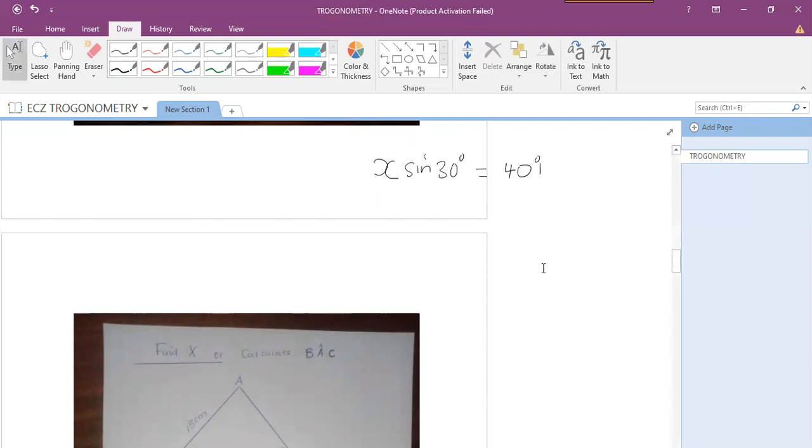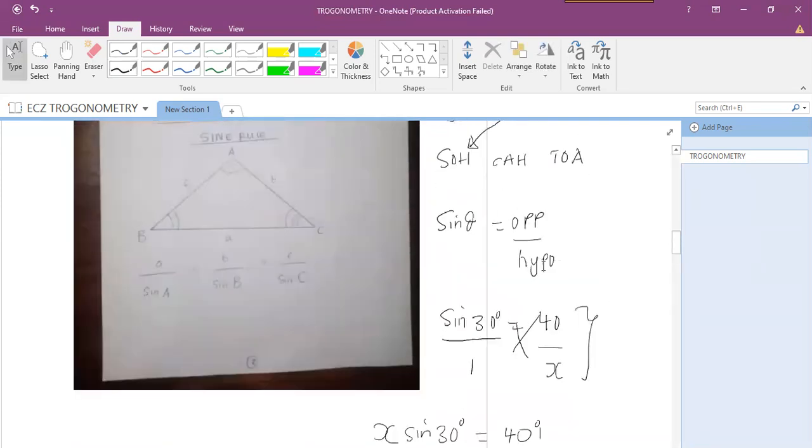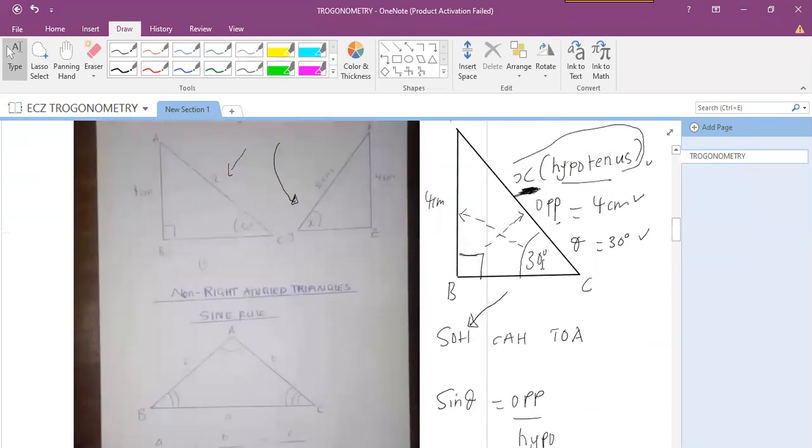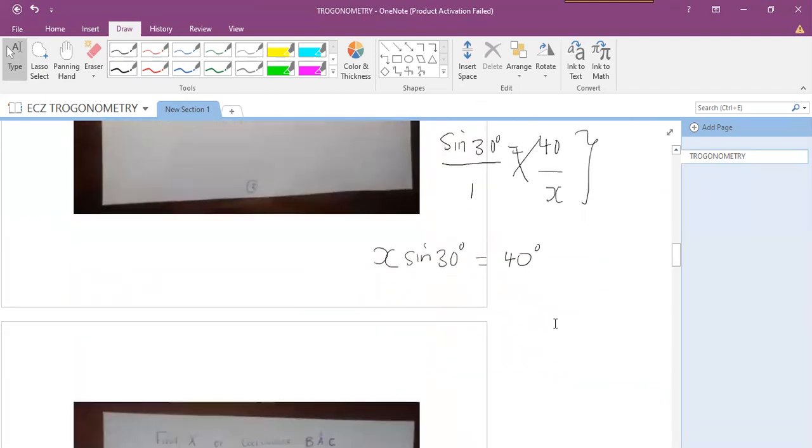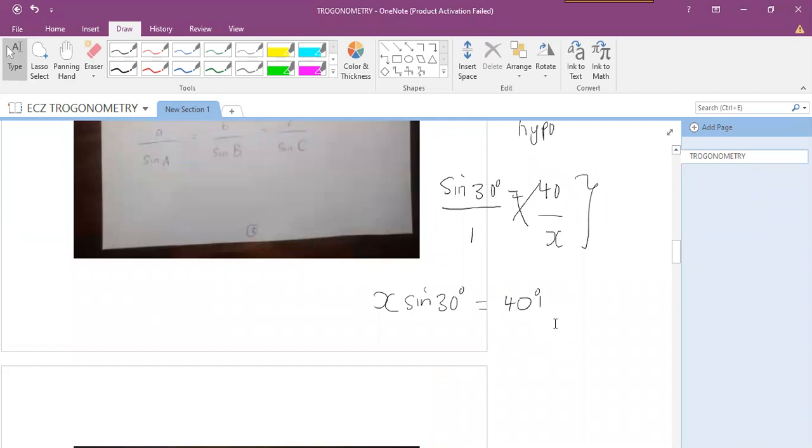My calculator is in radian mode, so let me convert it to degrees and say sine 30.